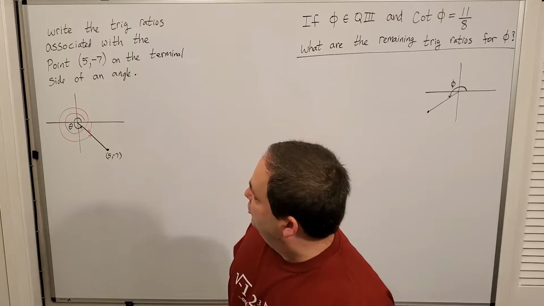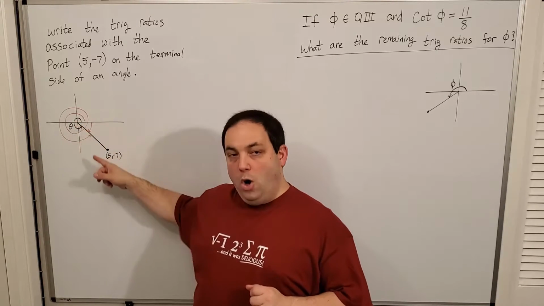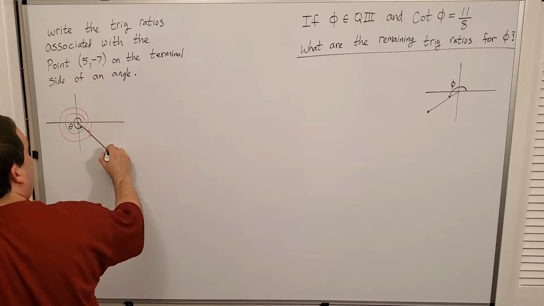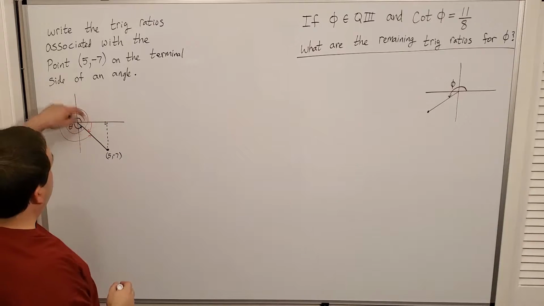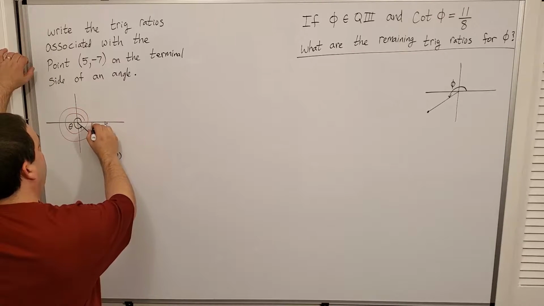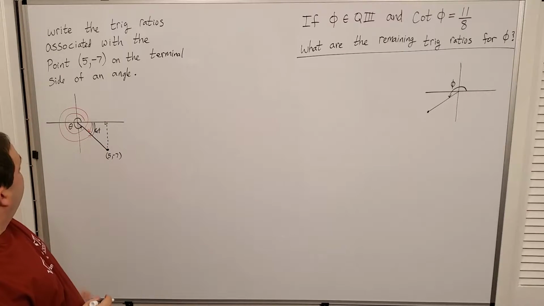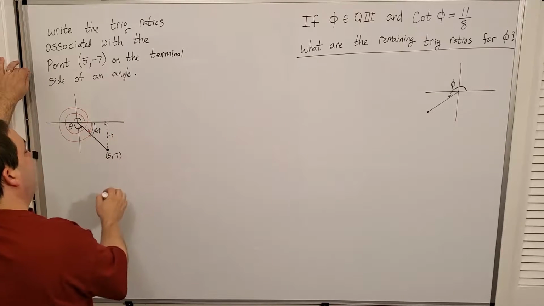Okay? So, once I know that the point (5, -7) is on my terminal side, I can imagine drawing a right triangle using the reference angle in here. This would be my reference angle here. And then the -7 is going to be this y value.